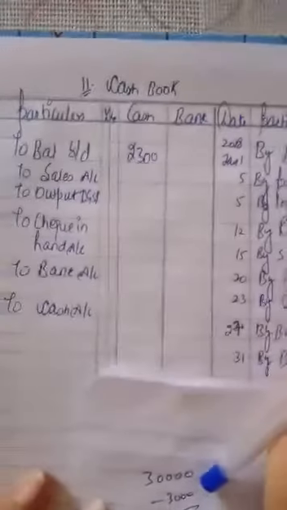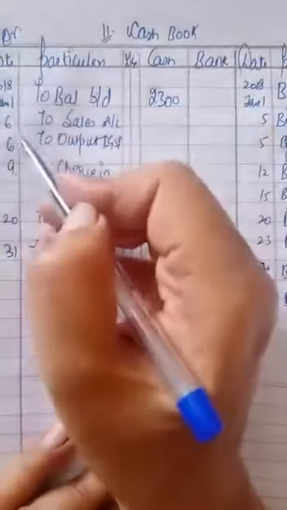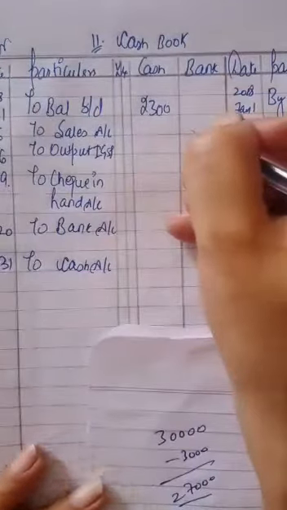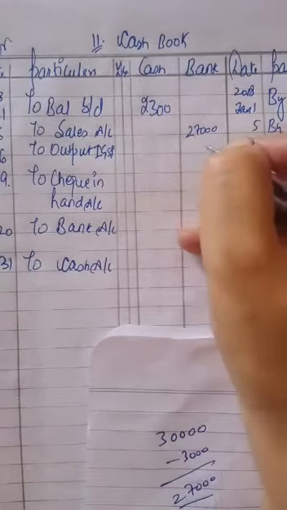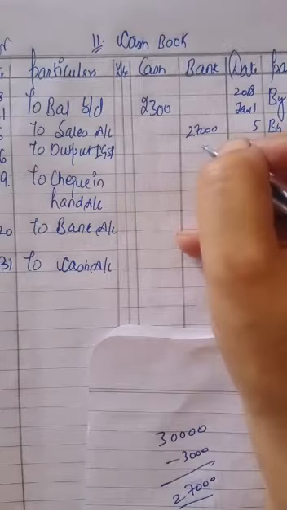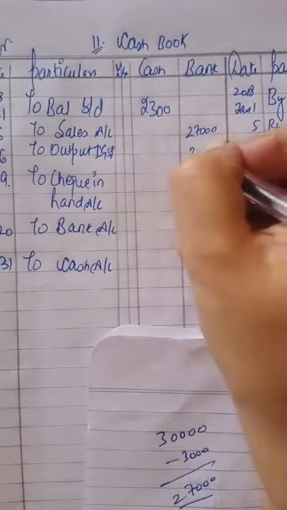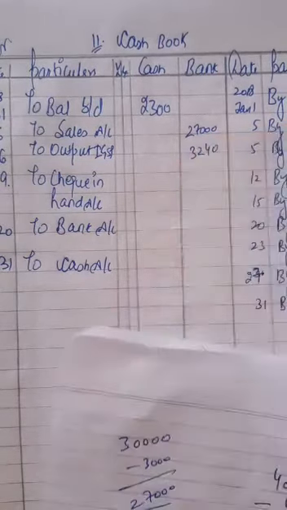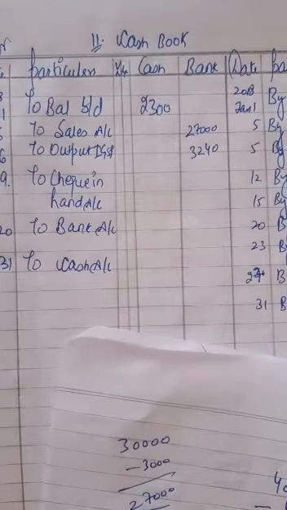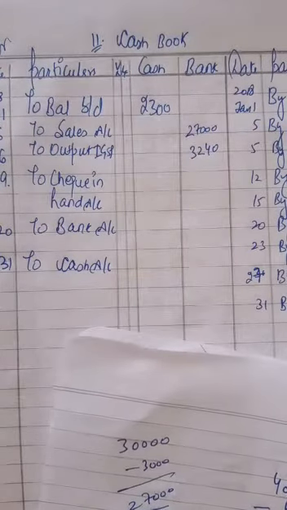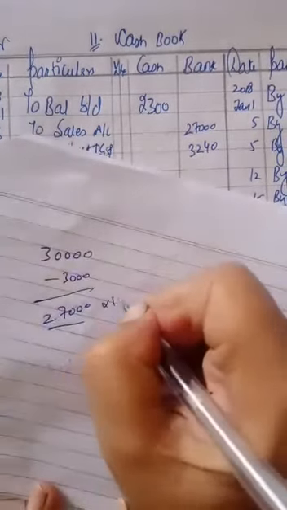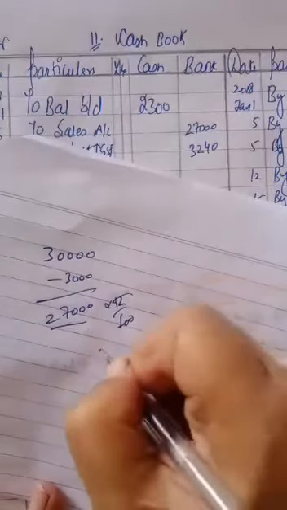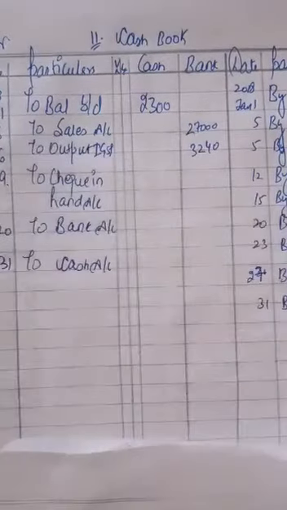Here you will write on receipt side, January 6 to sales, you have received a check of rupees 27,000. And along with this, you have also received a check of IGST, the 12% of the sale price, that was 3,240. 12% you will calculate on 27,000, it will be 3,240.